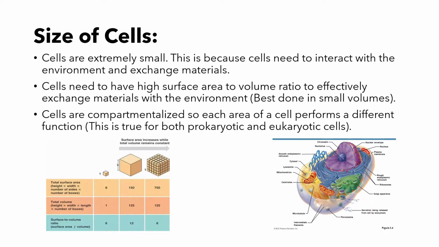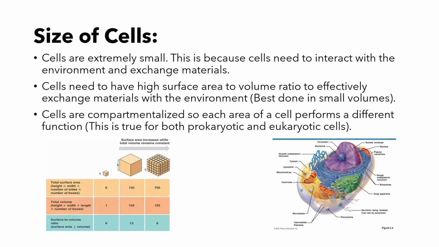So we have to start with the size of a cell. Cells are extremely small, and the reason for that is because cells need to be able to interact with the environment and exchange materials. It does this best by having a high surface area to volume ratio.